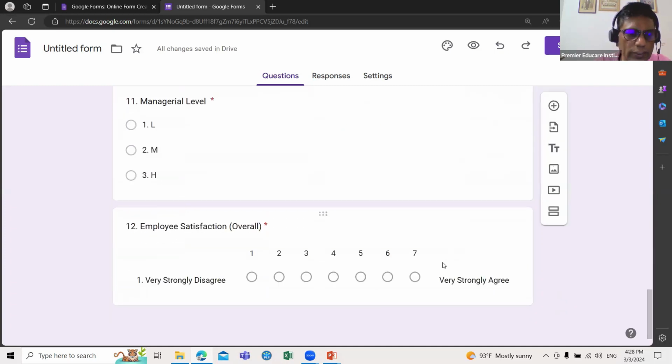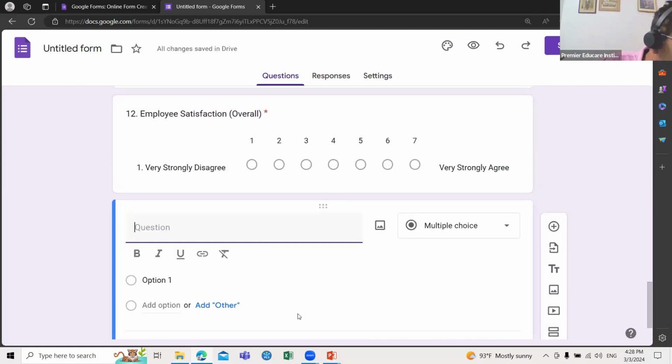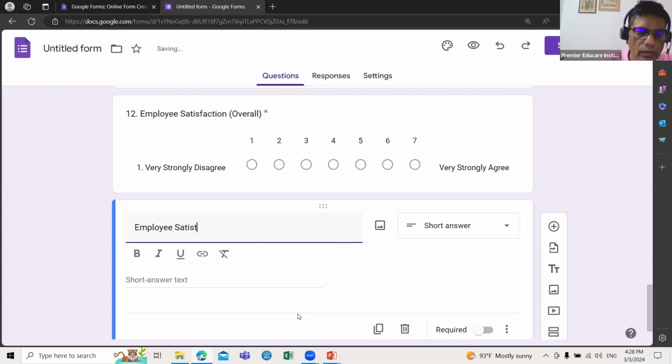So up to question number 12, everything is perfect. What about this one? Question number 13. What's that? Employee satisfaction on work. Employee satisfaction, right?